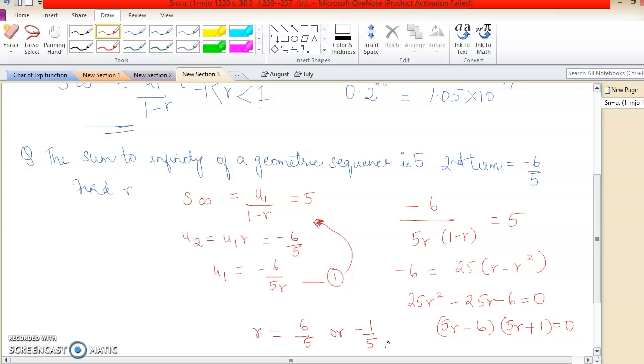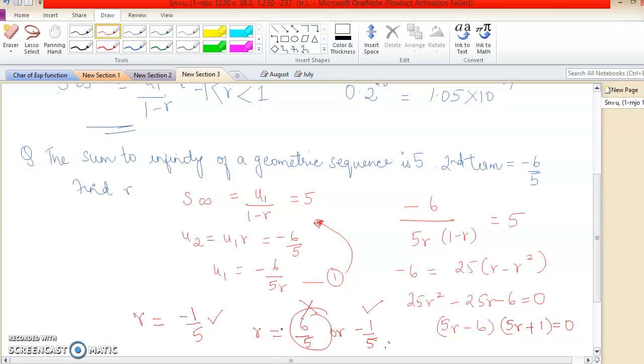Now if I see this value here, 6 over 5 is definitely more than 1, and therefore we reject this value and we take this value here, and therefore the answer to this question is r equals -1 by 5.